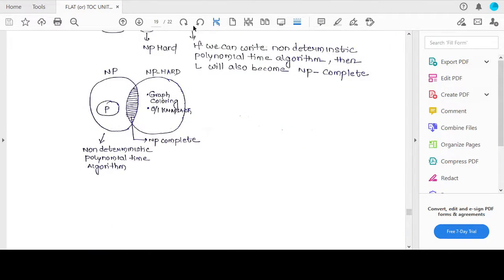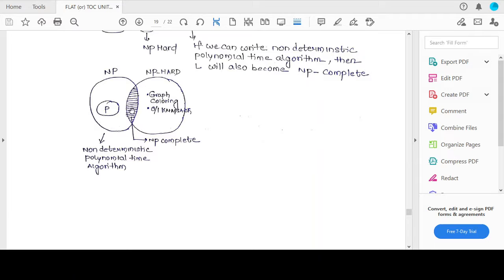So this is the diagram. In the previous session, we have seen that P is a subset of NP. So we are adding the concept of NP-complete and NP-hard to the previous diagram. This is how the diagram will look. NP is one class, and NP-hard is another class. In NP-hard, we have some intersection portion in which we get NP-complete problems.